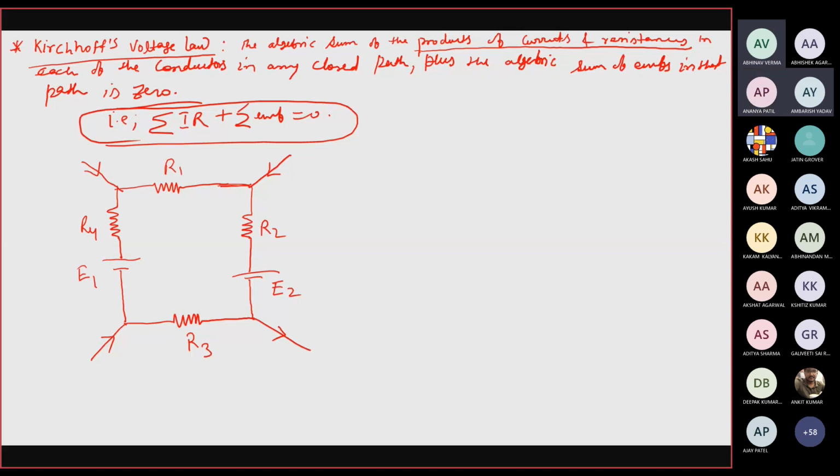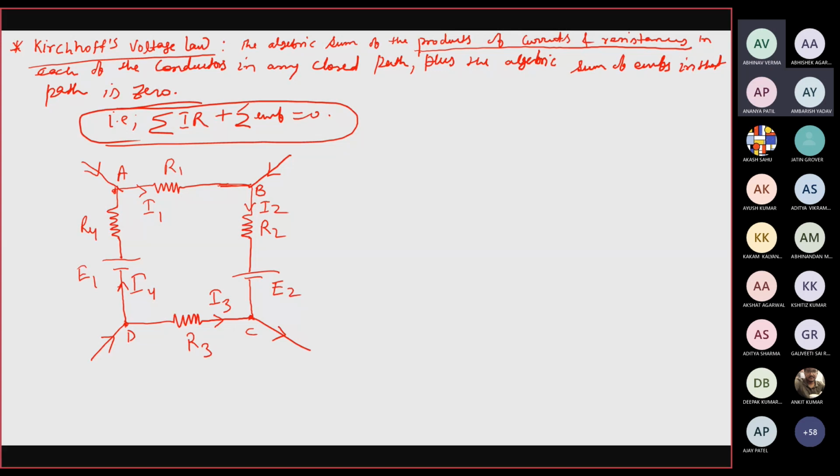Suppose this is point A, this is B, this is C, this is D, and the various currents in the different branches of this circuit are I1, then I2, then suppose in this direction I3. You can consider any direction. We are just taking a random example, to show how to write the KVL equation or how to apply the KVL in any closed path of an electrical circuit.